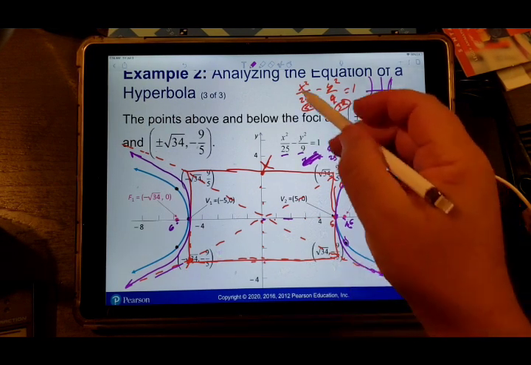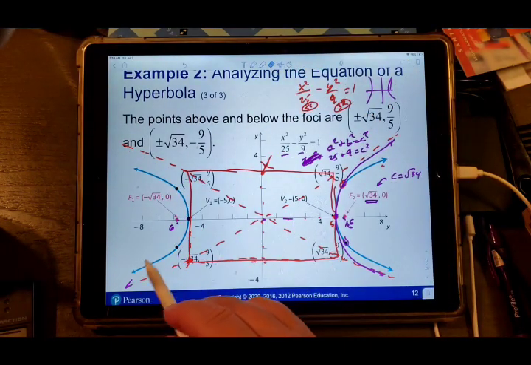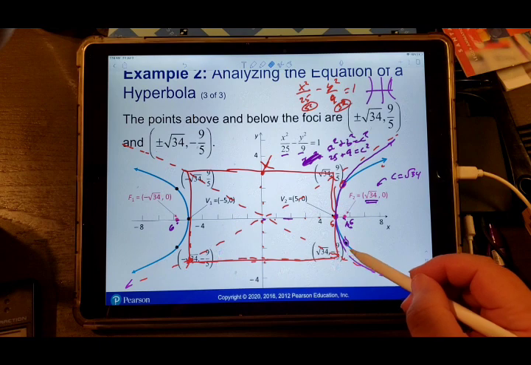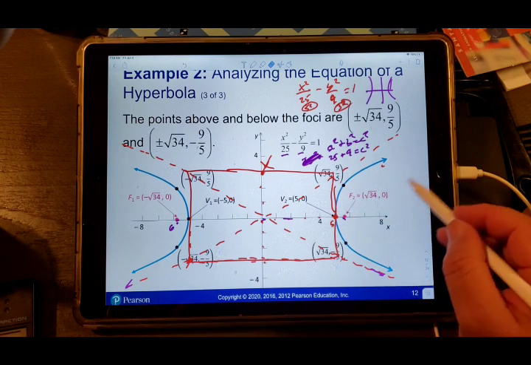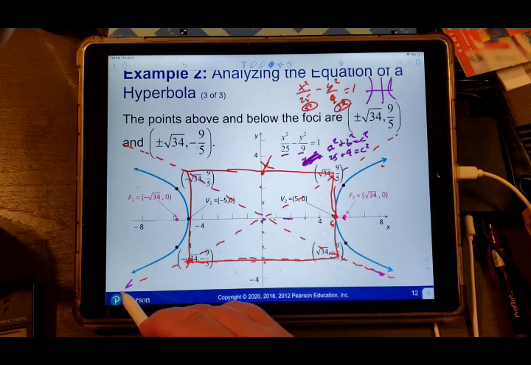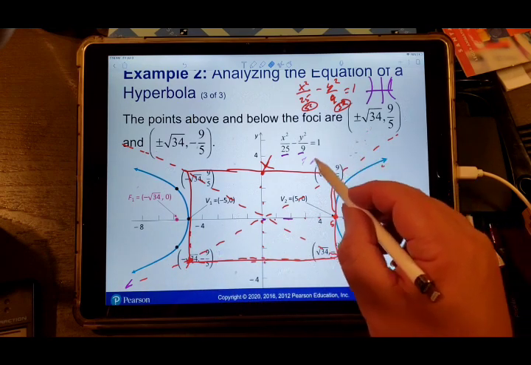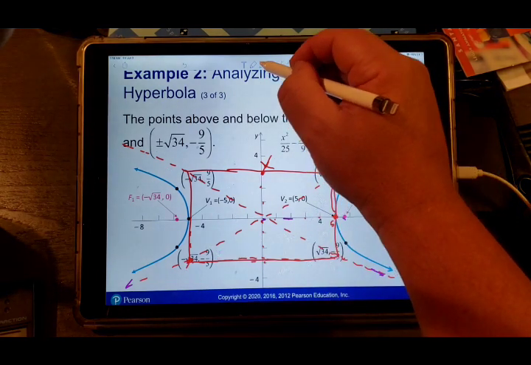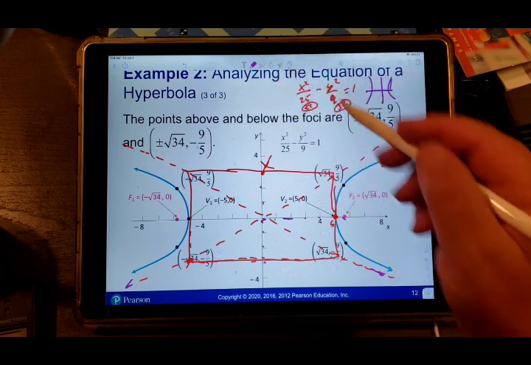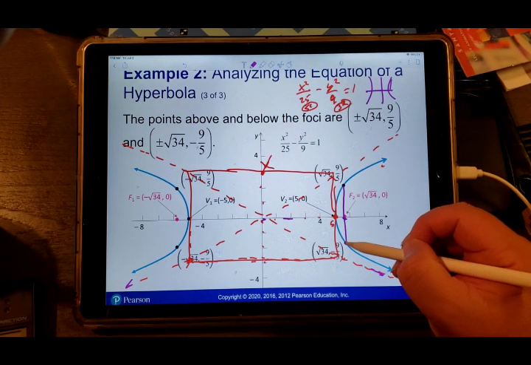All right, let me clean this up a little bit, my eraser here, because I want to talk about what else we do. So we'll go back to the author's drawing here. And the author seems to randomly say, let's plot one random point. No, it's not random at all. The author plotted the two endpoints of the latus rectum.